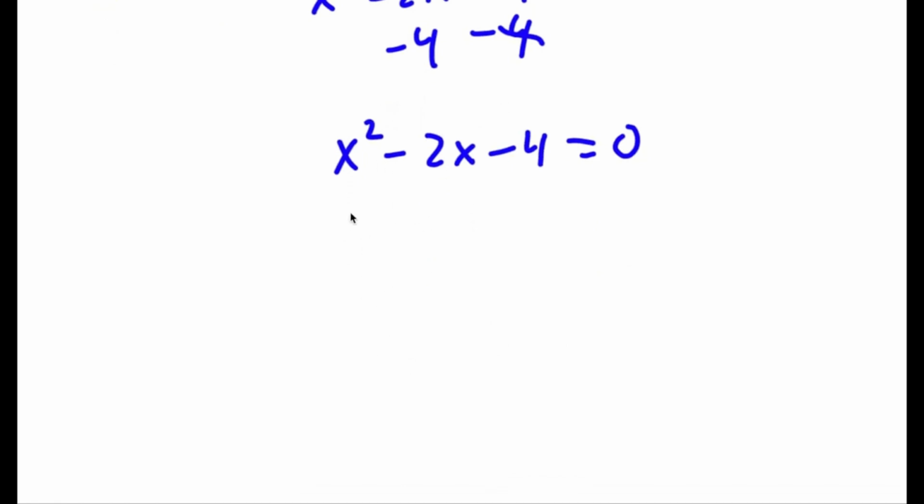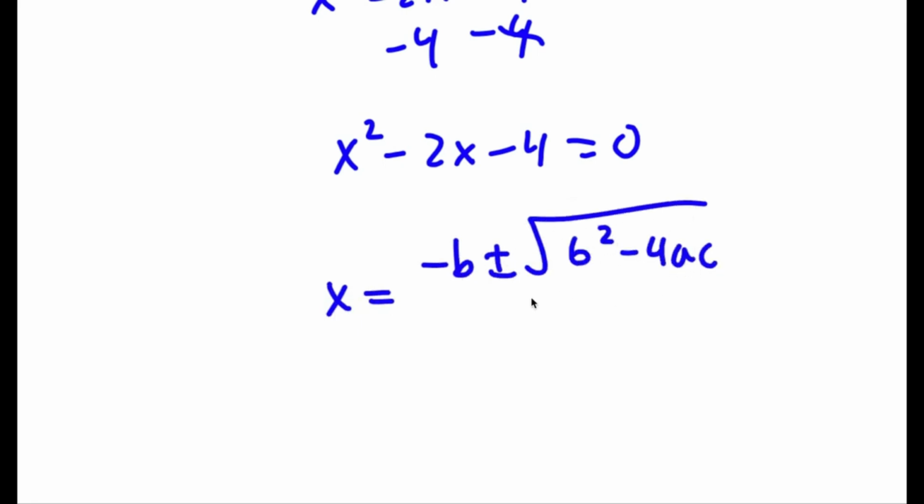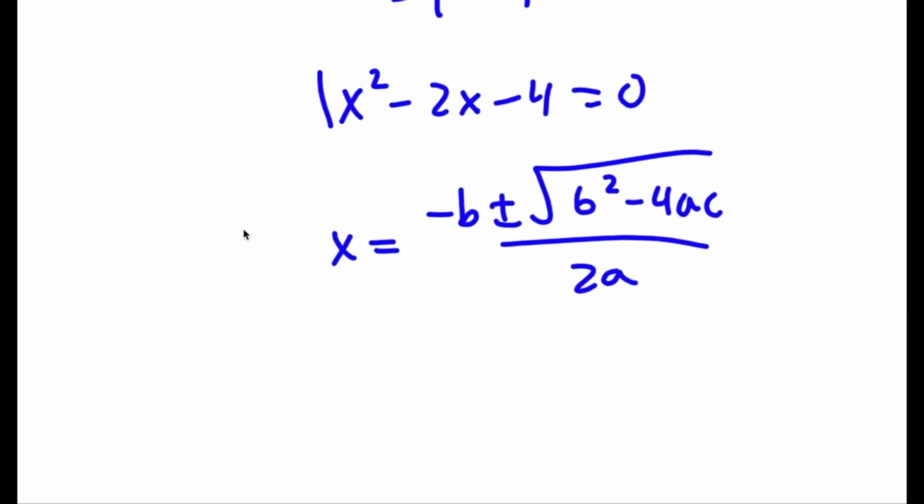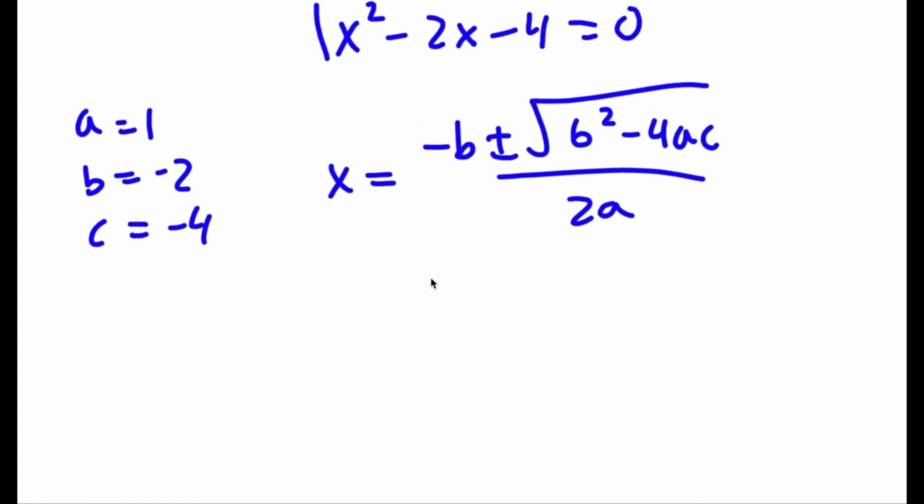So now to solve this problem, I can simply use the quadratic formula, which is negative b plus or minus the square root of b squared minus 4ac all over 2a. So in this case, a is equal to 1, b is equal to negative 2, and c is equal to negative 4.